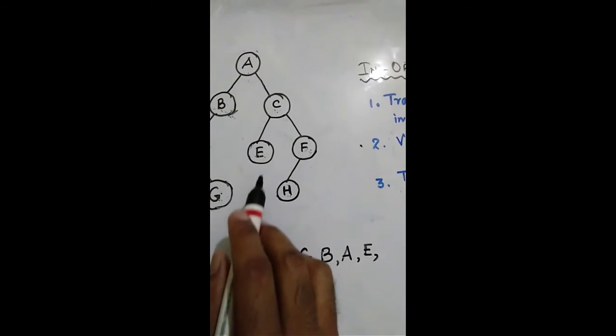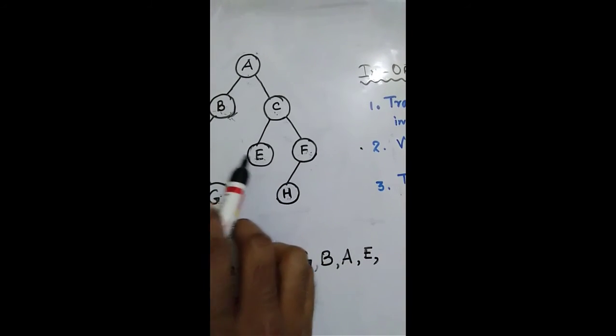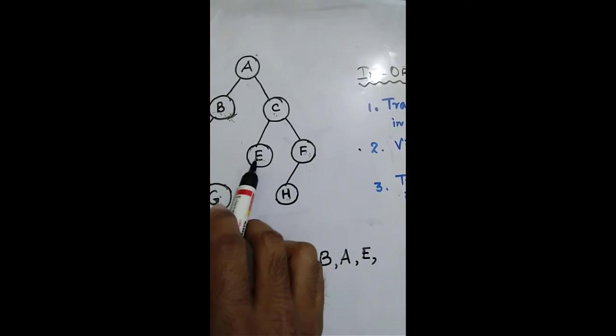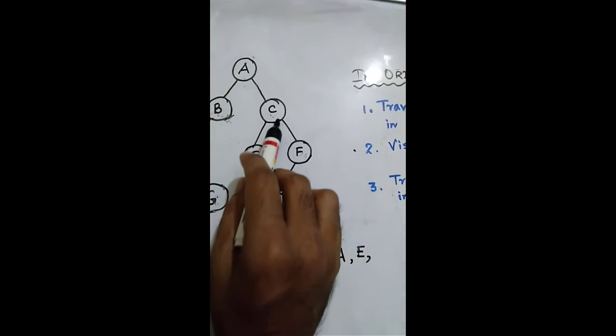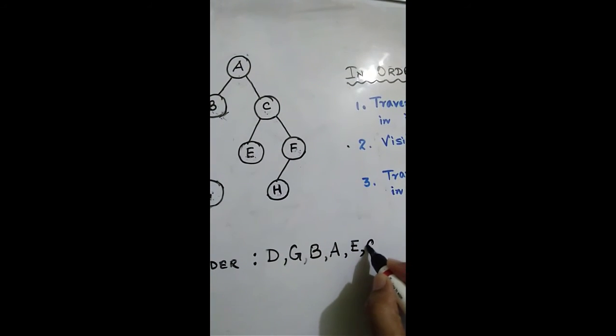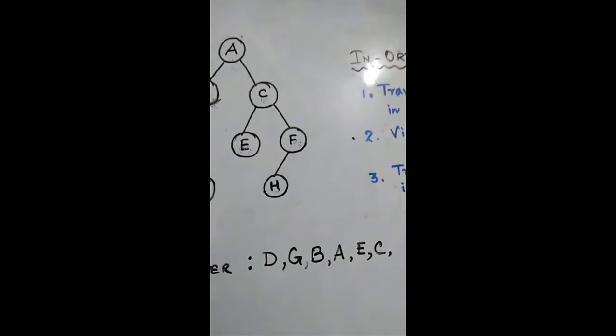So after A, E will get printed. Now we have traversed the left part. We will move towards the root and we will print it. So after E, C will get printed.